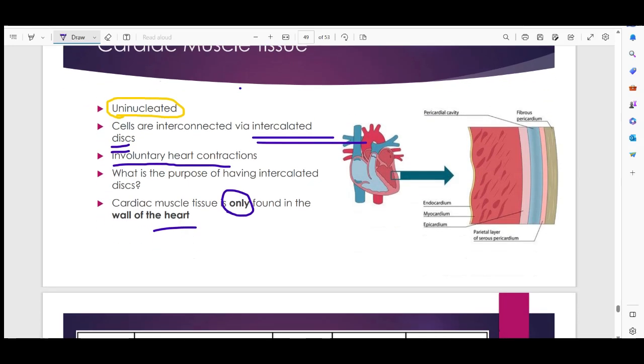The outermost layer is the pericardium, the middle layer is the myocardium, and the inner layer is known as the endocardium. The next thing I mentioned, the most important thing you have to remember, is the presence of intercalated discs, and it is found only in the heart wall, which means the myocardium.